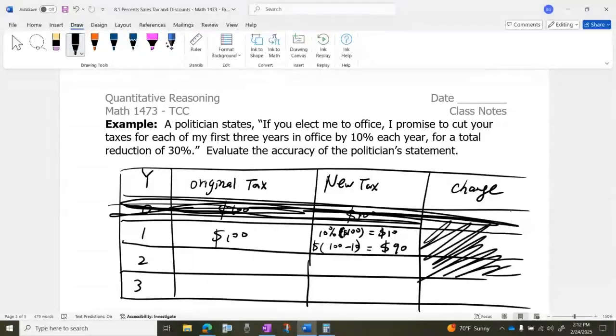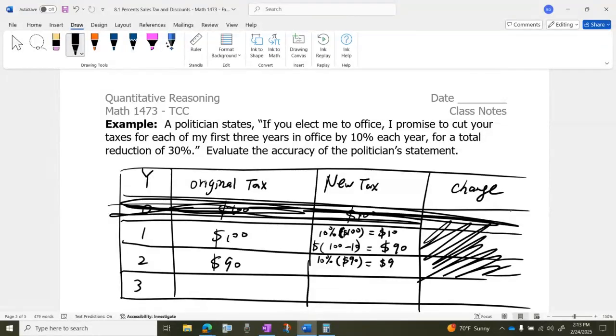So at the beginning of year 2, your new tax is $90, right? But over the second year, the politician cuts 10% off again. But that 10% is applied to your $90 tax from last year. 10% of $90 is just $9, right?